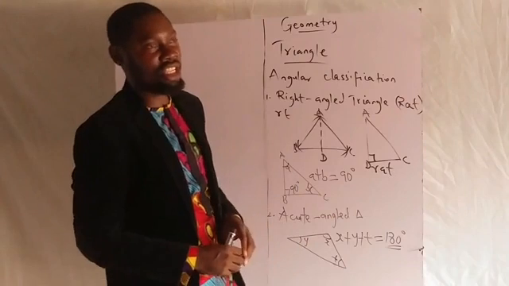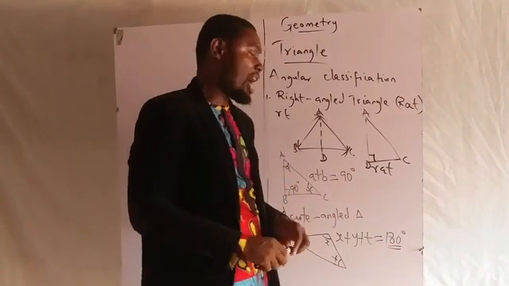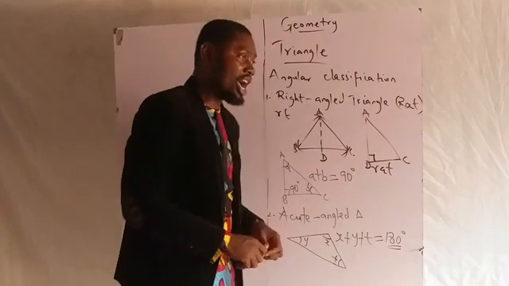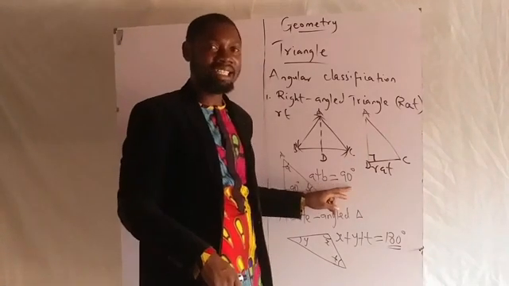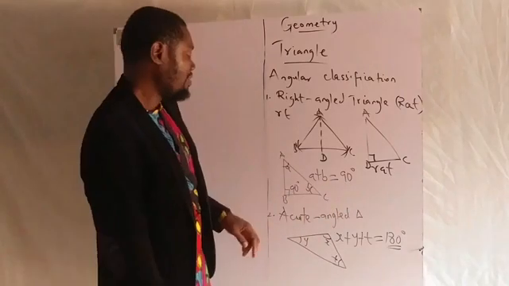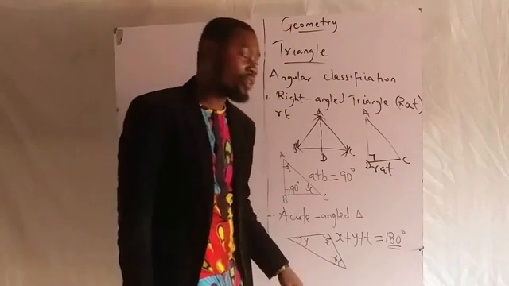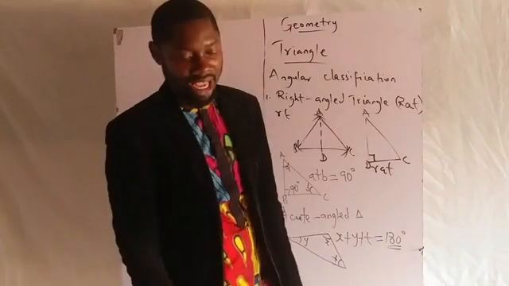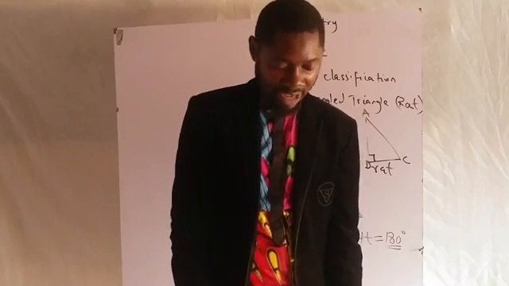So in case you're dealing with problems that have to do with right angle triangles, always remember that the sum of interior angles in a right angle triangle is 90 degrees, while the sum of the interior angles in an acute angle triangle is still 180 degrees.